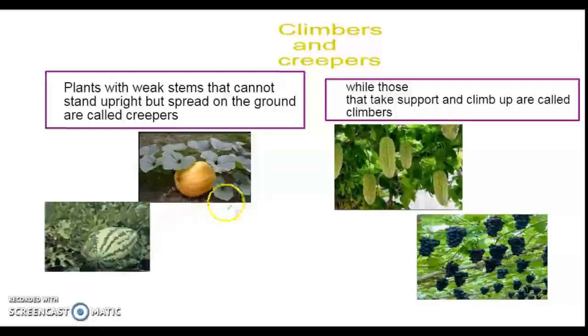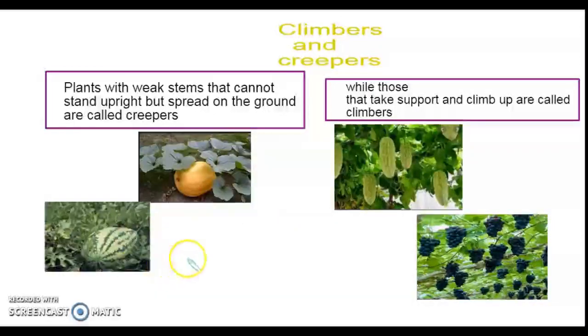So what do they do? What is this plant? This is a pumpkin. This is a watermelon. So what do these plants do? As their stem is weak and they cannot stand upright, they crawl or spread on the ground. If you have seen a watermelon growing, the watermelon plant spreads on the ground.